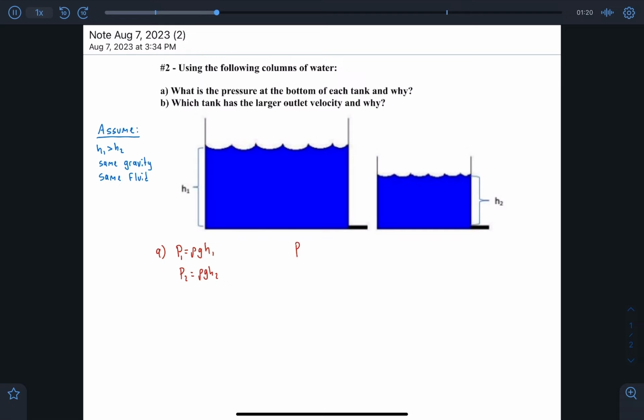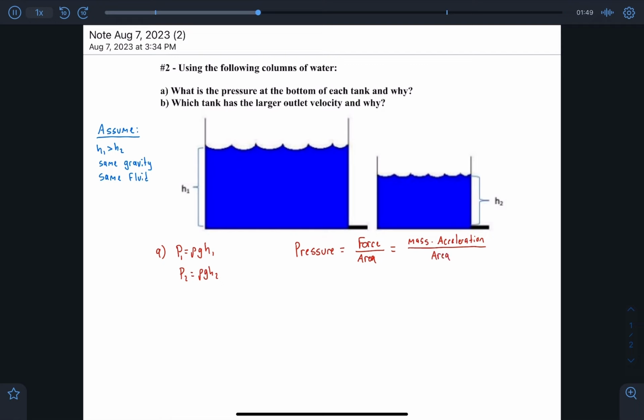And so we know that pressure is just equal to force over area. And we know that force is just equal to mass times acceleration, so we can say that pressure is equal to mass times acceleration over our area.